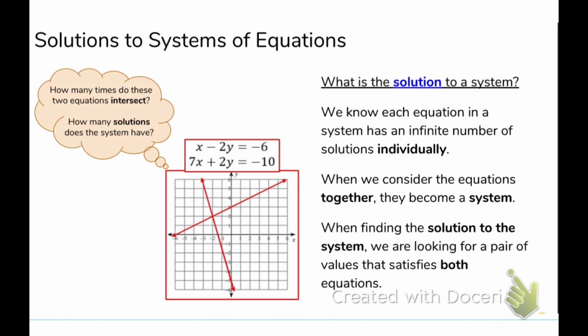So think about how many times these two equations intersect. How many solutions does this system have? If you look at this, the only time they will cross is at that point right there. That's the only point that will make both equations true. That's the only common place that both equations have.